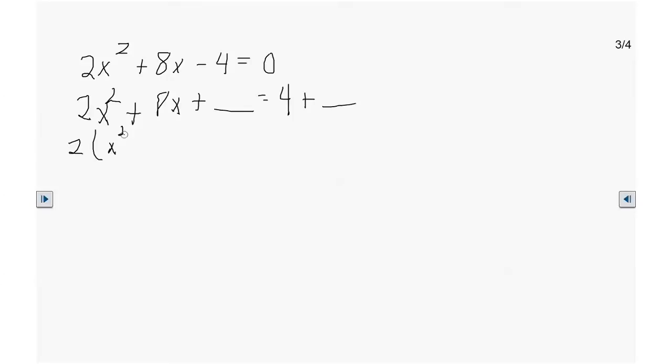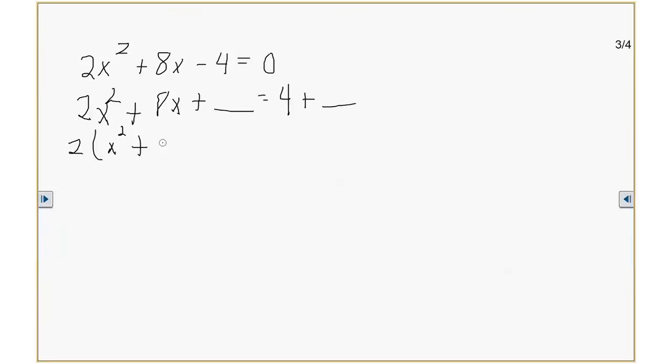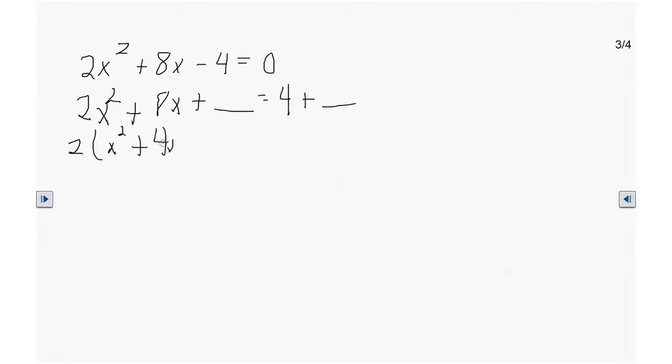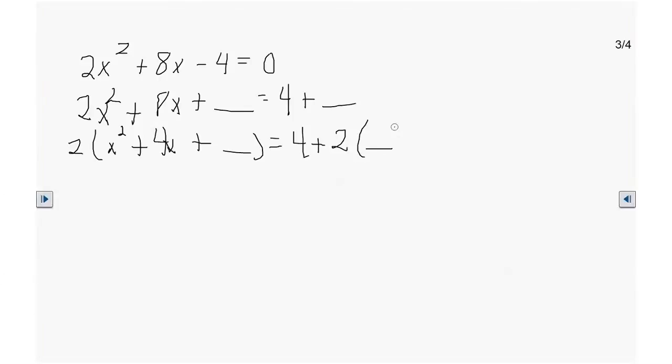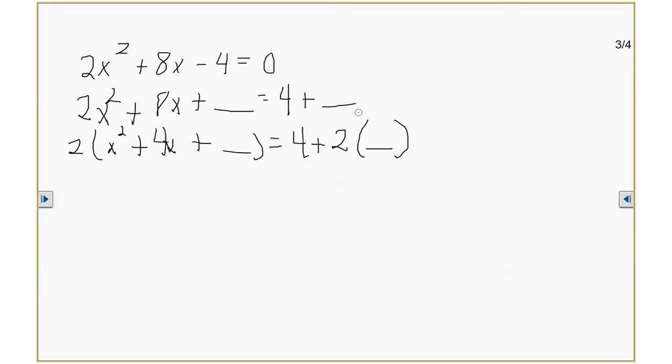That gives you x squared plus what? 4x plus blank is equal to 4 plus 2 times blank. Because that blank, this side right here, was once part of this.